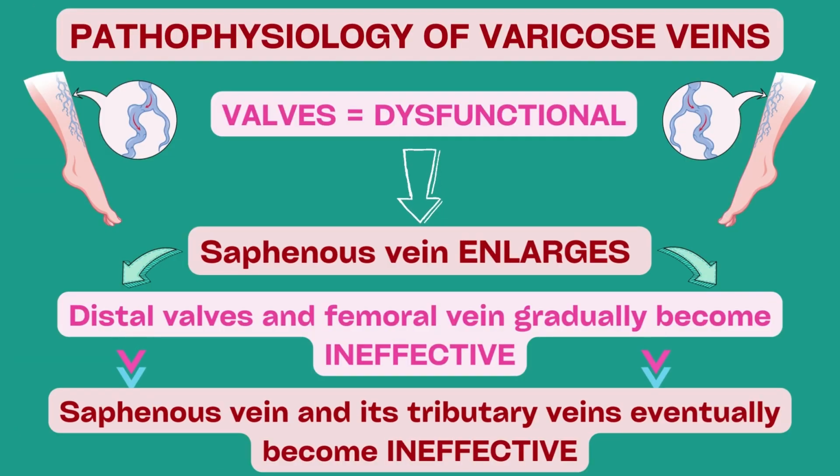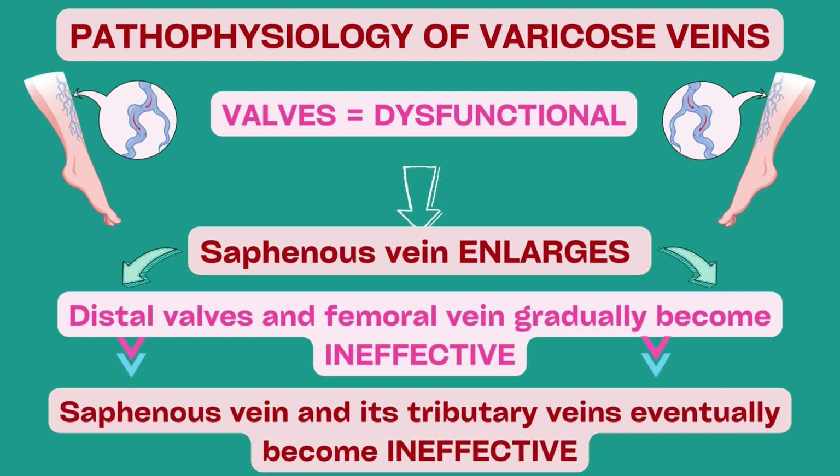Now, assuming you have understood the anatomy, it will be very easy to understand the mechanism of the disease. In varicose veins, the valves in the perforating veins become dysfunctional. The most frequent area for this is at the intersection of the saphenous vein and the femoral vein in the inguinal area. In this case, the saphenous vein is an example of a superficial vein and the femoral vein is an example of a deep vein.